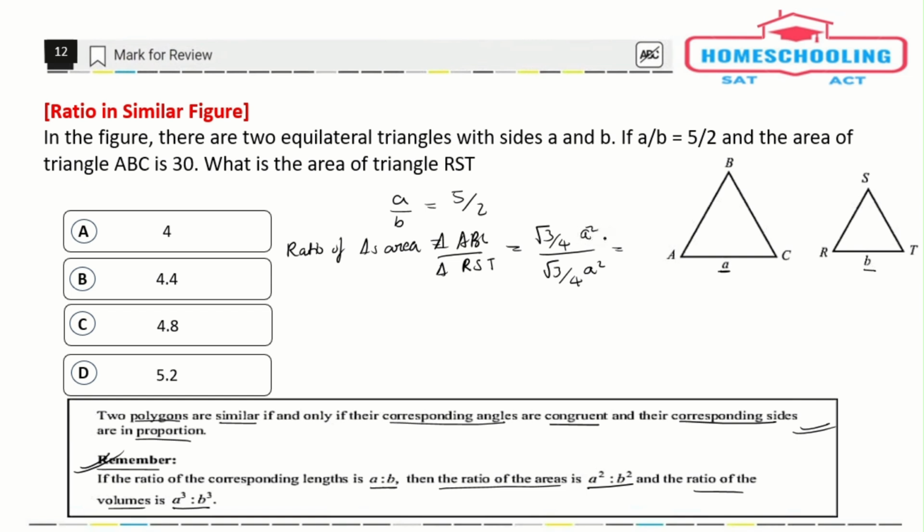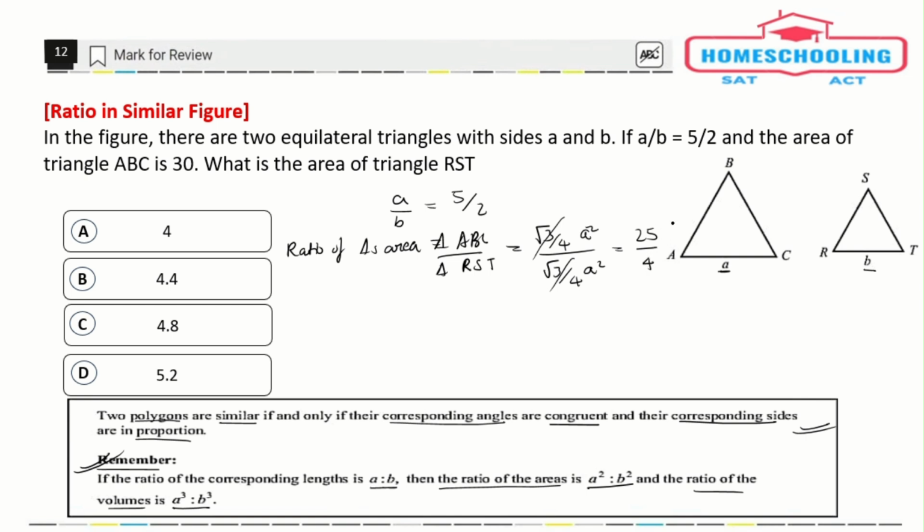So 5 square would be how much? 25. And here the side B is 2. So 2 square, because root 3 by 4 is common, so it will get cancelled. So 5 square divided by 2 square, that would be 25 by 4.